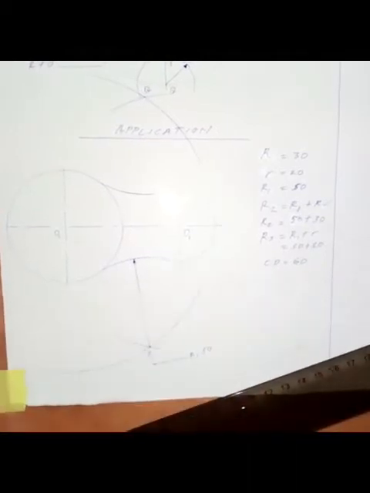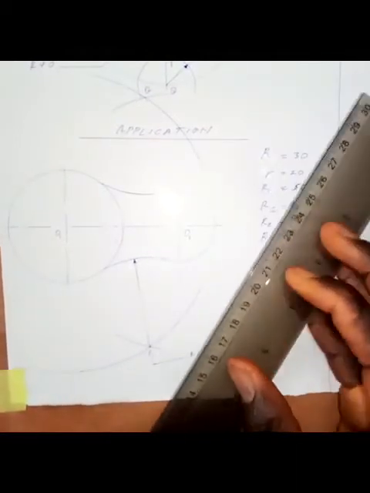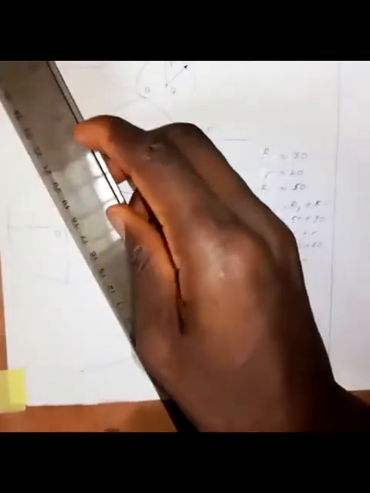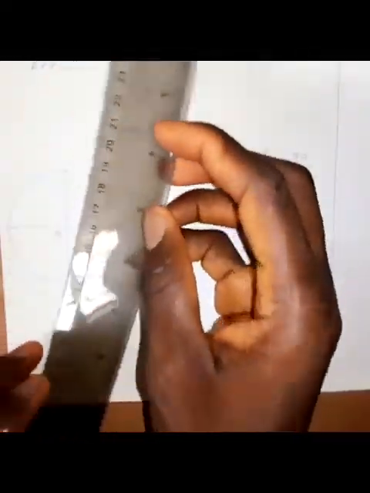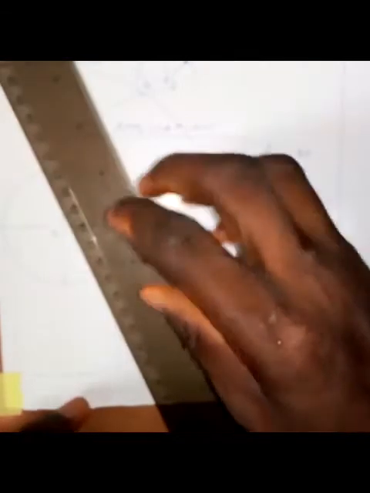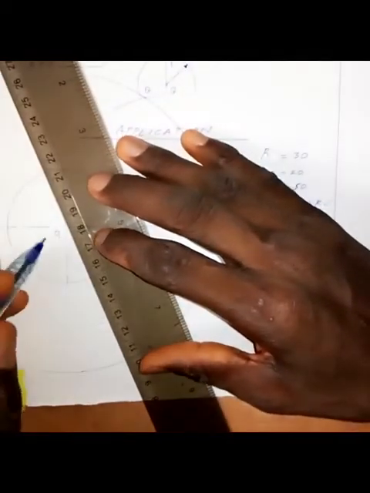R1 is 50. And then the radius from here.